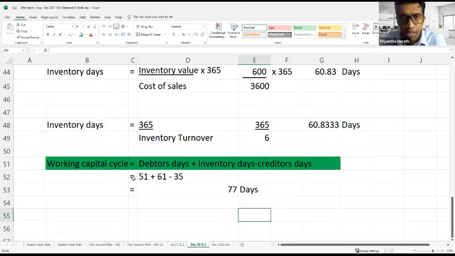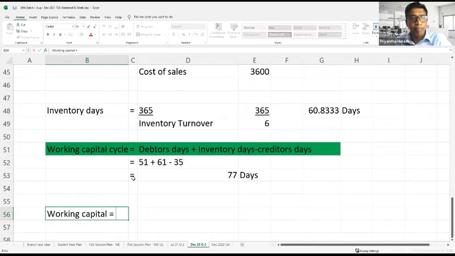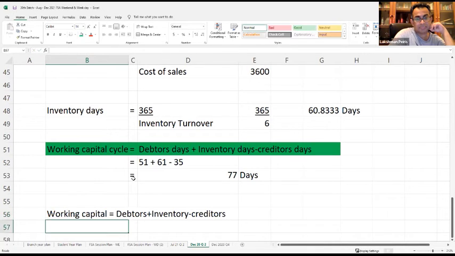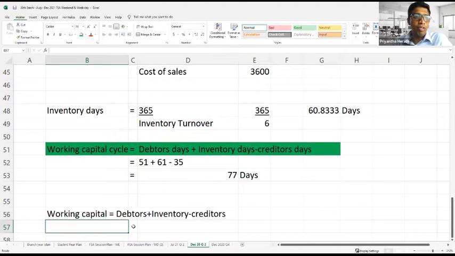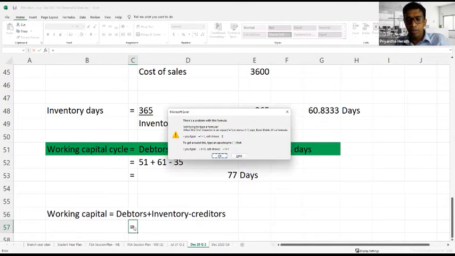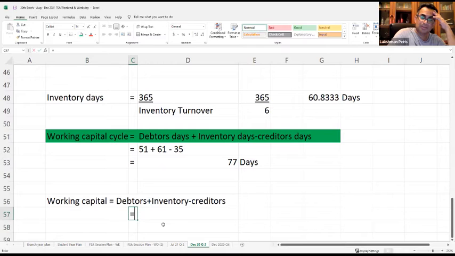Today also we came across a similar situation practically. So how do you estimate working capital? Debtors plus inventory minus creditors. Let's do the calculation for Cargill's. Debtors value for Cargill's is close to 0.